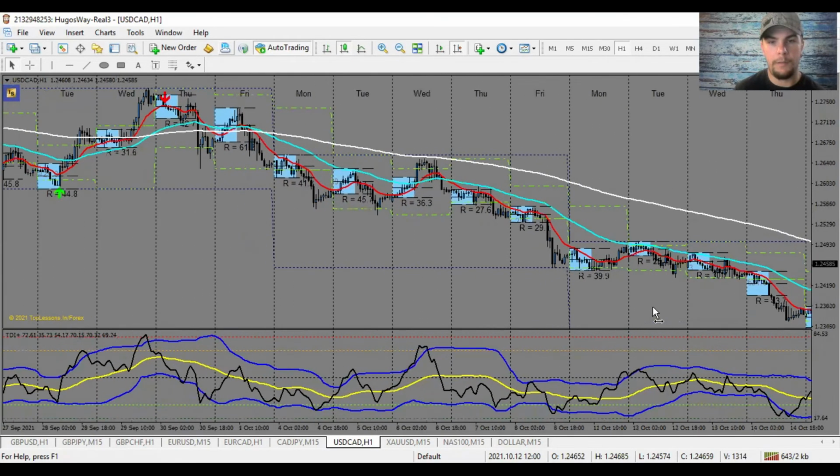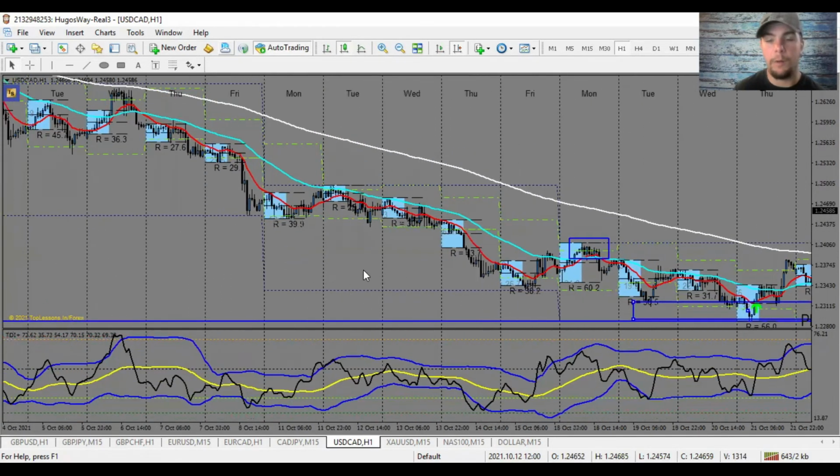Okay, right here is a better example, but this is a good example. I'll do both of them, okay? So right here is a high. I'm gonna draw it on the TDI to where that high is, and then I'm gonna draw it on the price from where this high is to that. We'll even draw it to here, to there, okay?